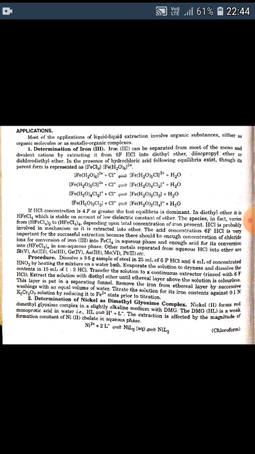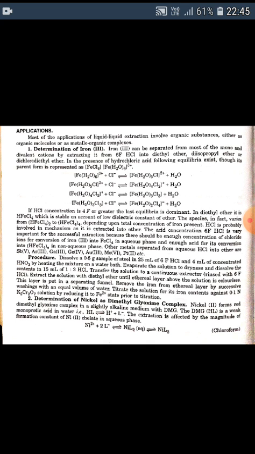The species in fact varies from (HFeCl4)2 to (HFeCl4)4 depending upon the total concentration of the iron present. HCl is also probably involved in the mechanism as it is extracted into ether.